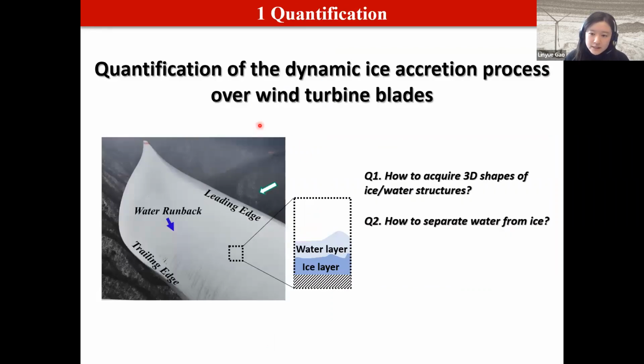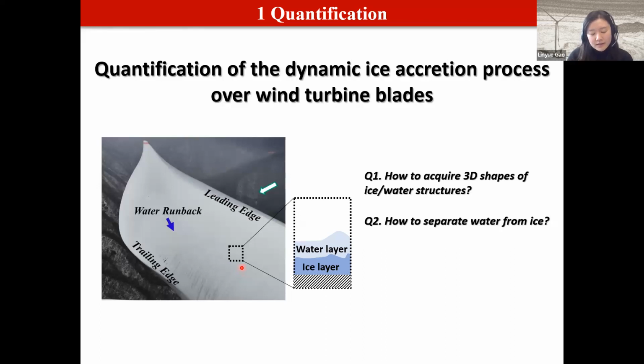So first, quantification of the dynamic ice accretion process over wind turbine blades. As you can see from this figure, here is a wind turbine blade, and you can see the ice formation on the wind turbine blades. This is under a glaze icing condition, so you can see the water run back in those regions.